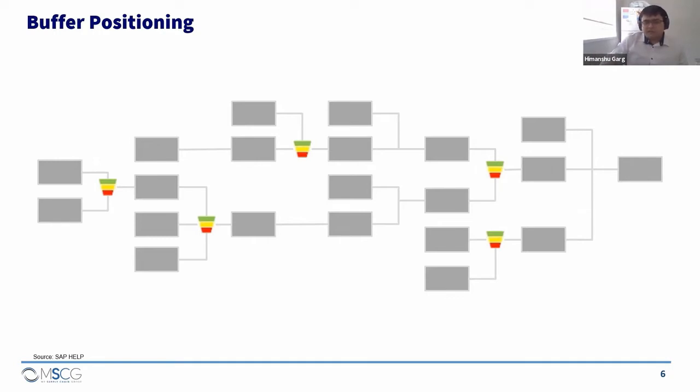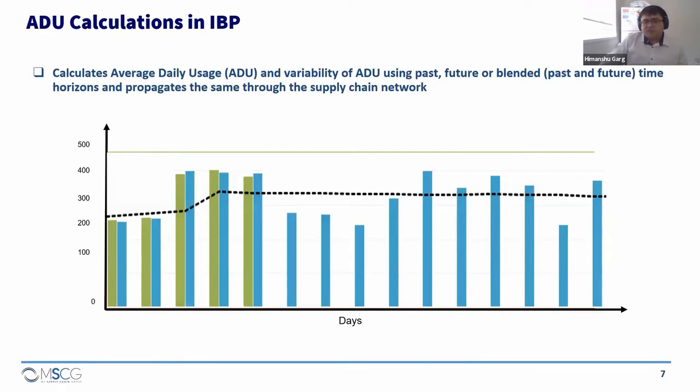The next logical process step in this whole process is to calculate the average daily usage, as in how much your average demand is as compared to what your previous sales were and what your future forecast is.